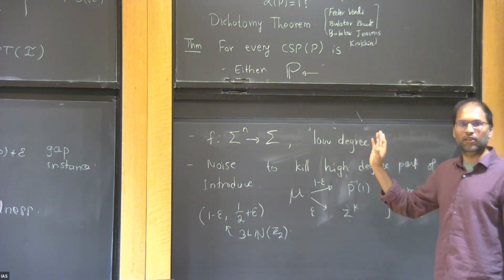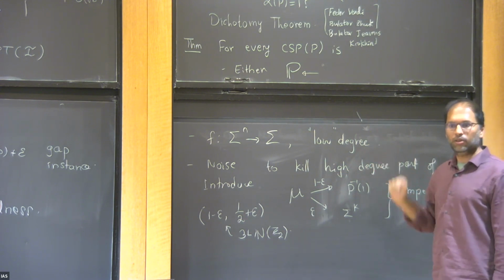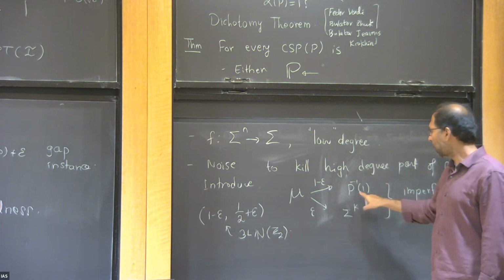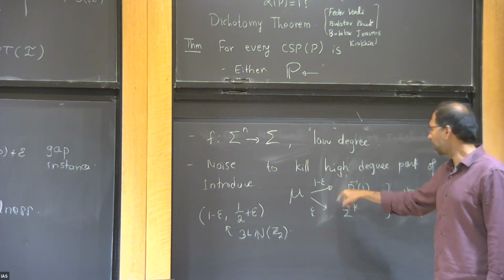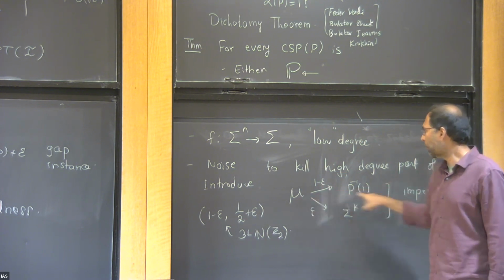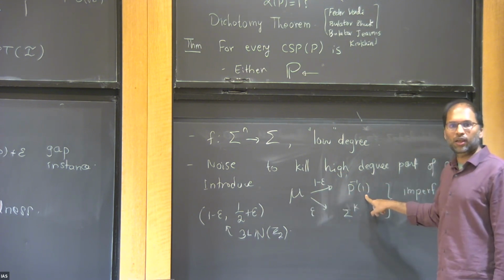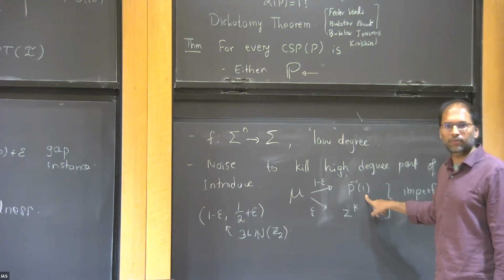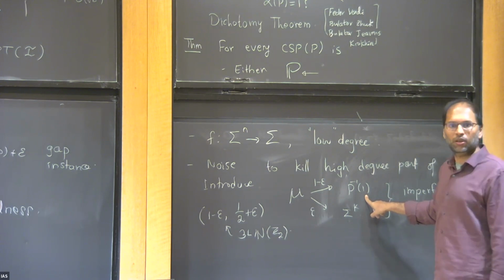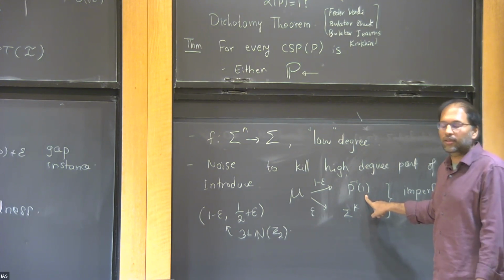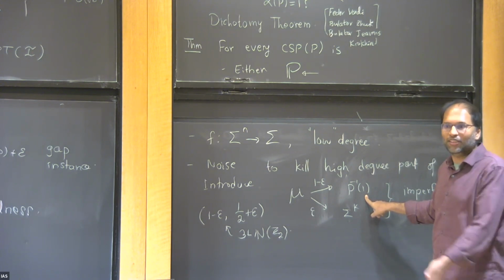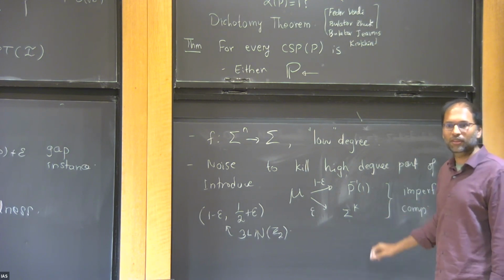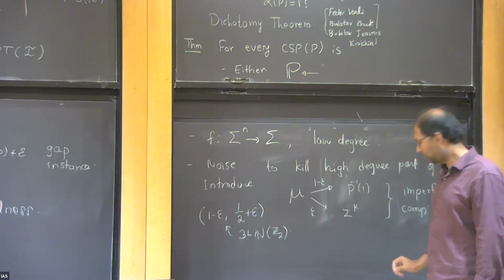It gets killed anyway. So that leads to the analytical question: what are the predicates such that if you have a distribution with full support on P inverse 1, the high degree part automatically gets killed. And this question turned out to be surprisingly hard. I mean, either it is hard or we are not good enough. Okay. So I will state the analytical question.